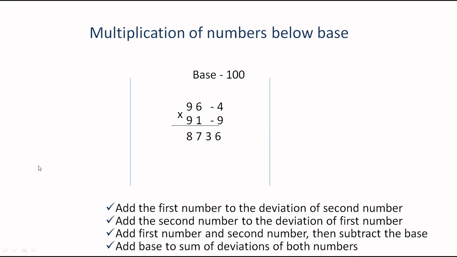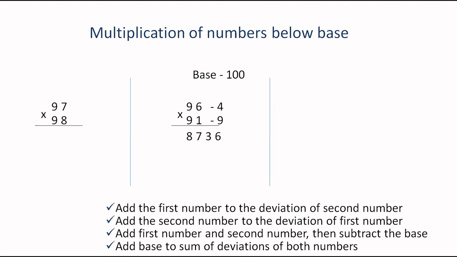So here we can just put it down directly, as the base has got two digits, and even after multiplying the deviations, the result has got two digits. We are putting down the 36 directly.